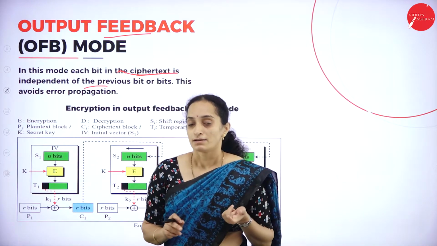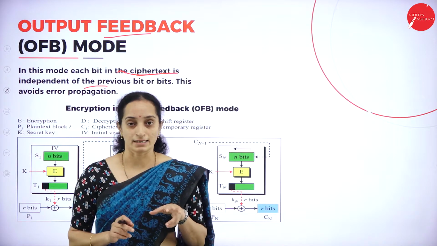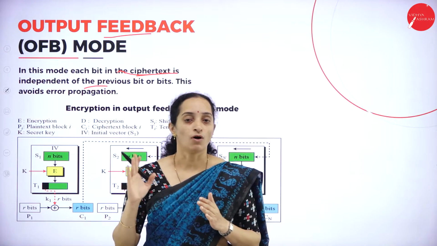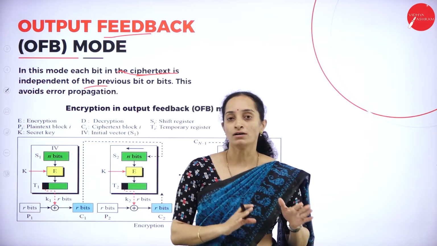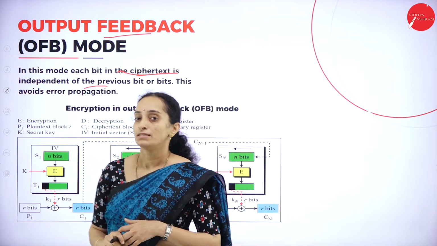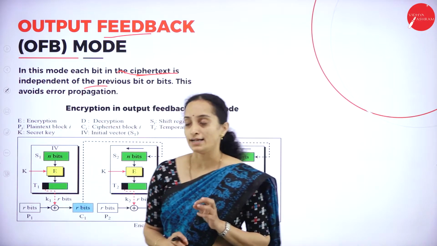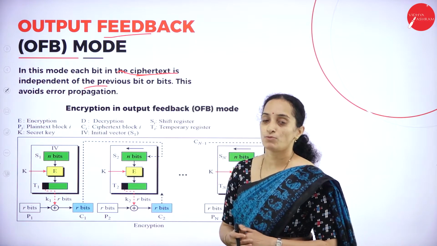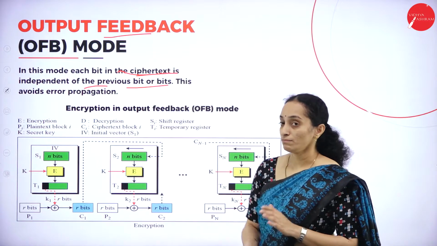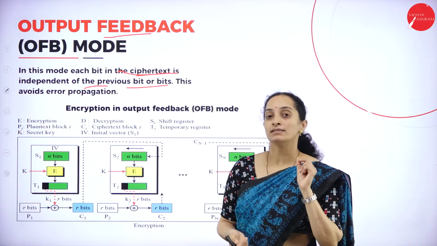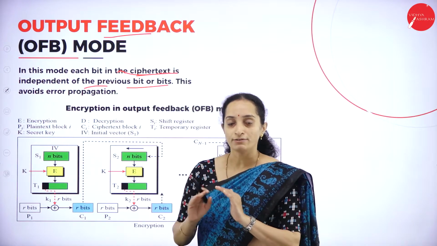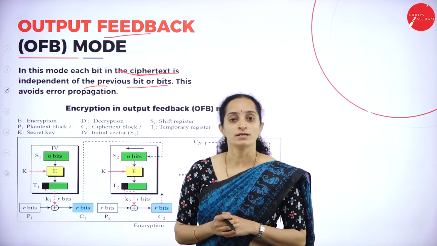So if one bit is erroneous, if one bit is exchanged, the entire block depending on this block or this bit will be corrupted in the CFB mode. To avoid that, in the OFB mode, output feedback mode, one bit is made independent so that the error will be avoided for the following bits.